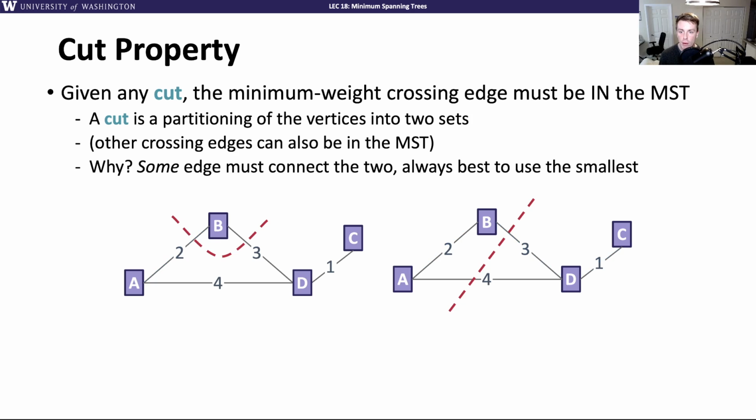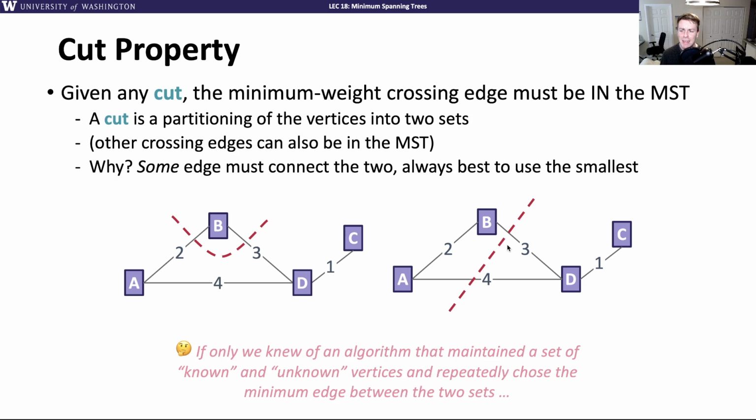Well, what we're going to have to do for some algorithm is think about some set of nodes that we currently have what we think is the minimum spanning tree for. So we're going to start building up the minimum spanning tree. We know the minimum spanning tree that covers this set of nodes, and we need to somehow expand that minimum spanning tree to nodes that we haven't yet visited.